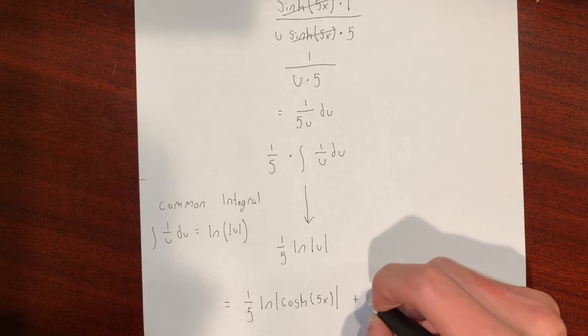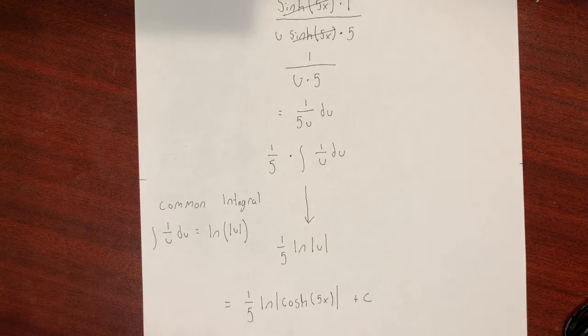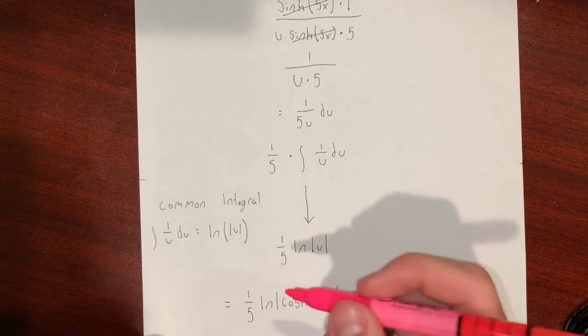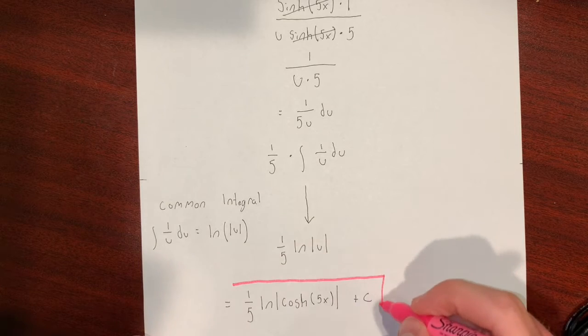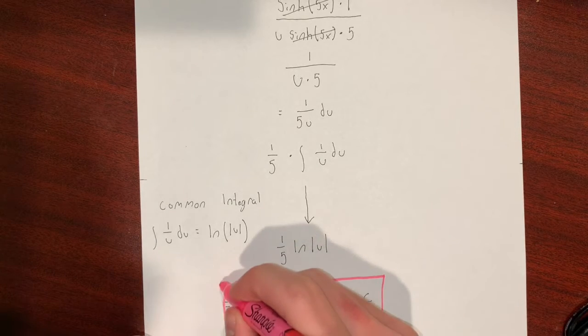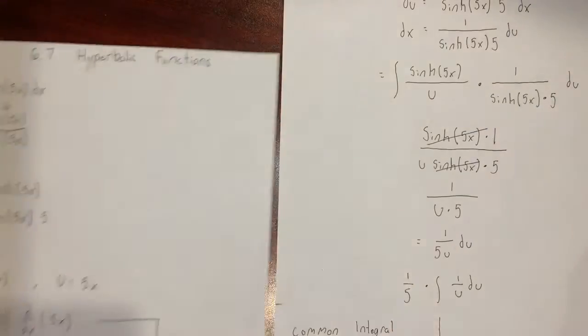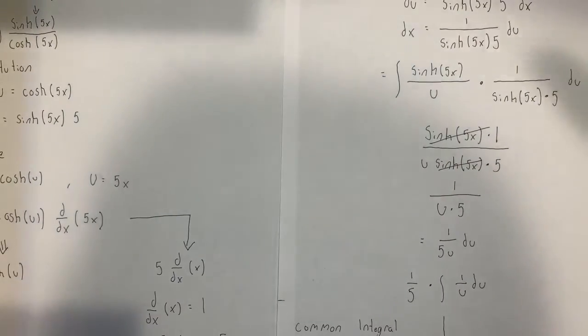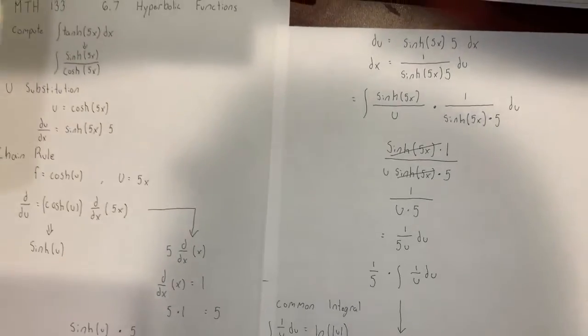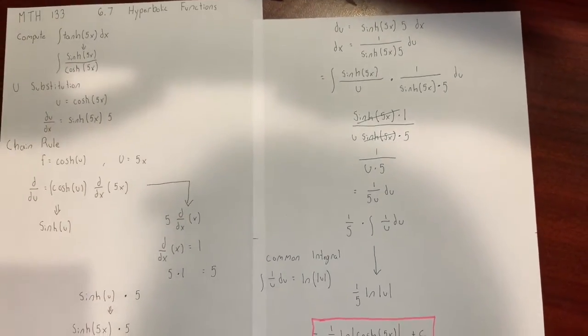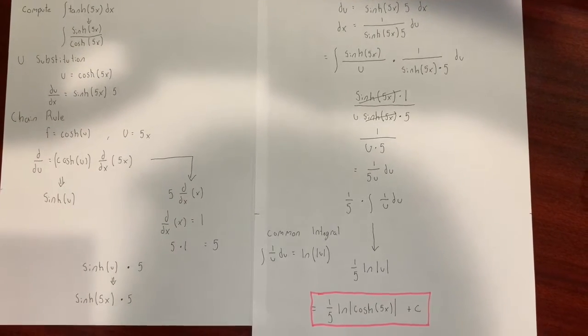We're going to add plus C at the end. And that is our answer for the first problem. Put these next to each other so you can see the final work. And that is it.